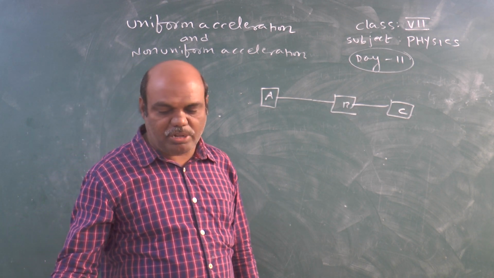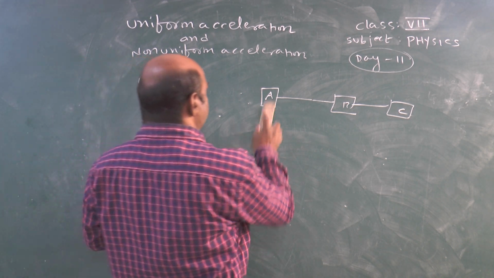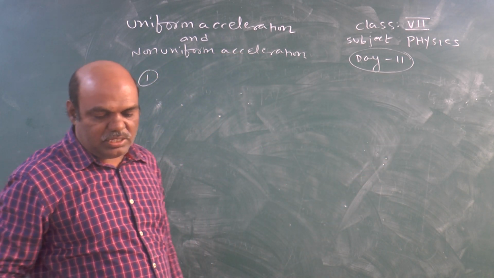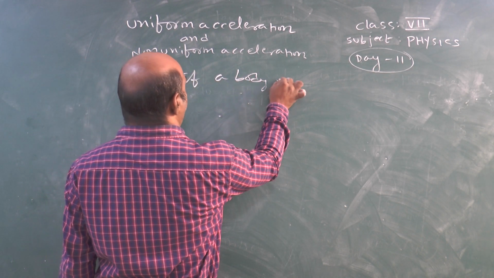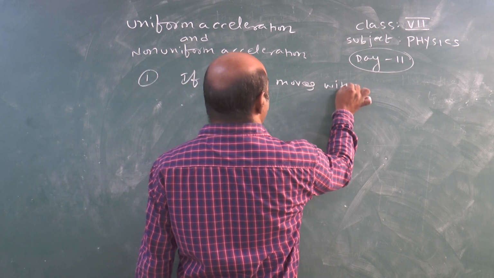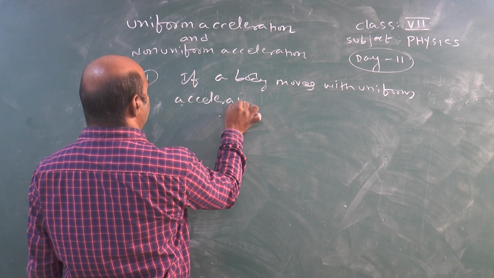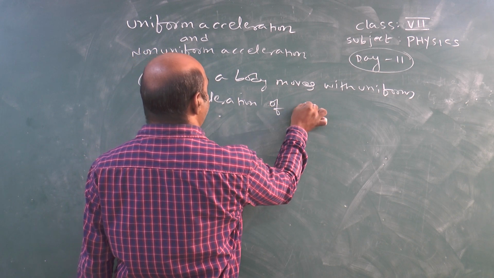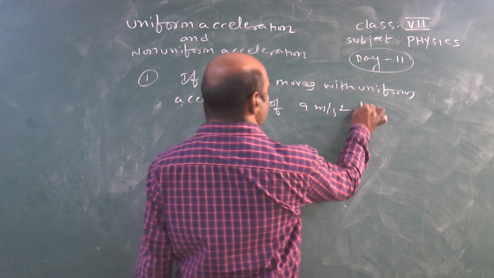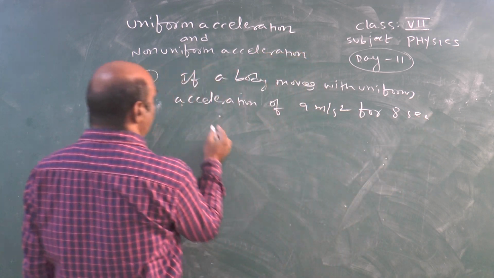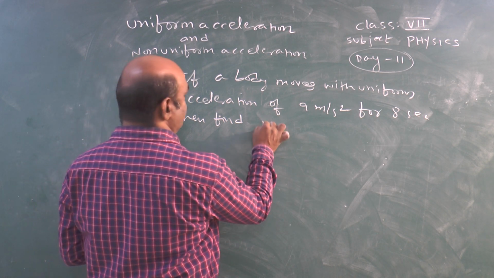Now, based upon uniform acceleration and non-uniform acceleration, first bit: if a body moves with uniform acceleration of 9 meter per second square for 8 seconds, then find its velocity.